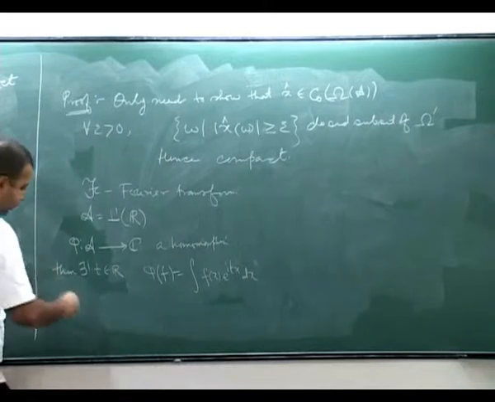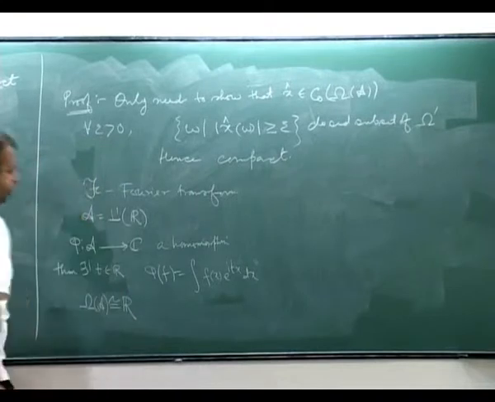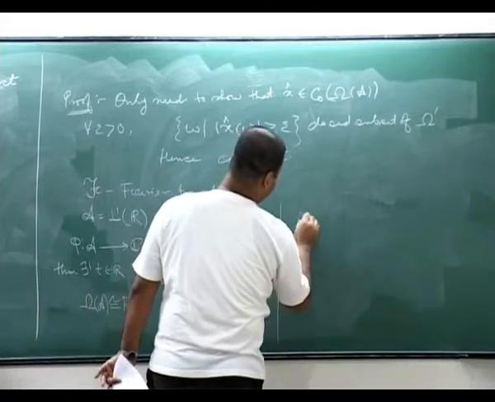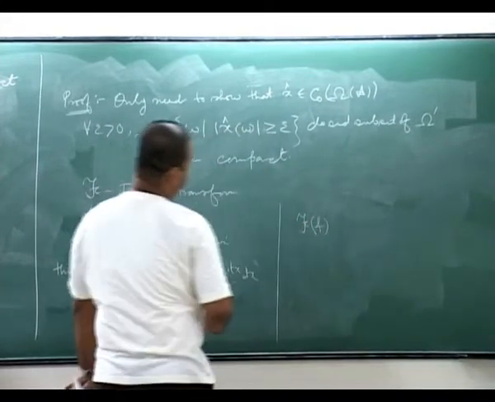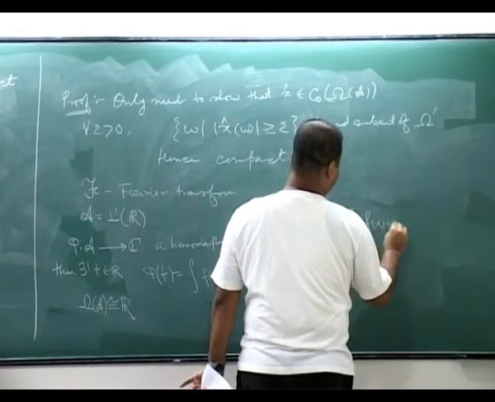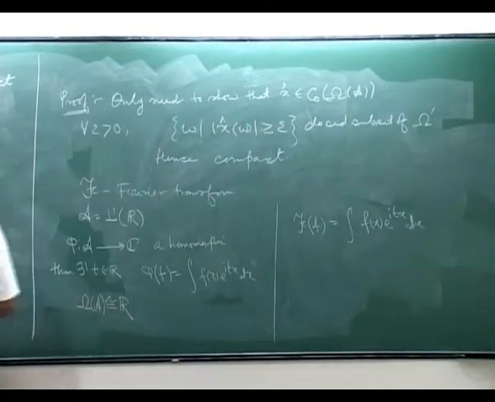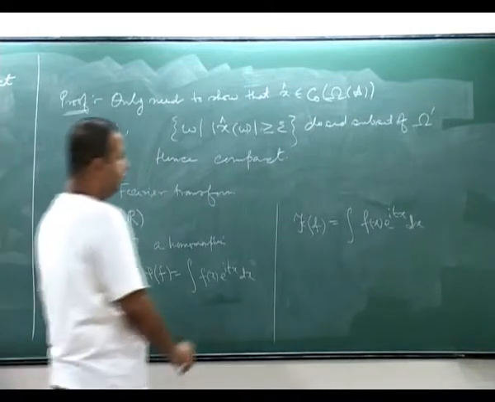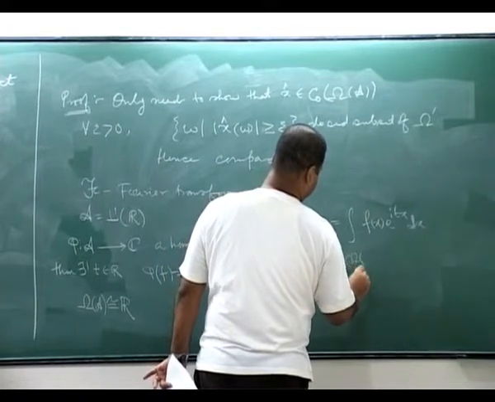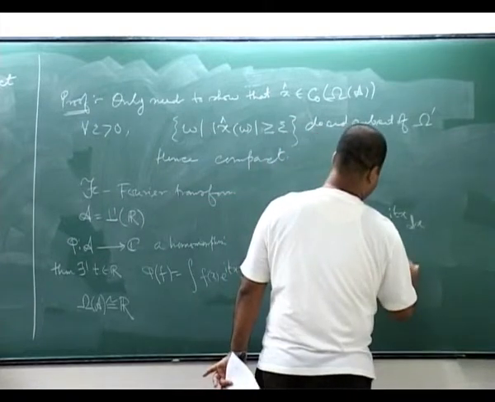So, we can identify omega A with R, and then this map F of f is the Fourier transform, and this fact has a name called the Riemann-Lebesgue lemma.